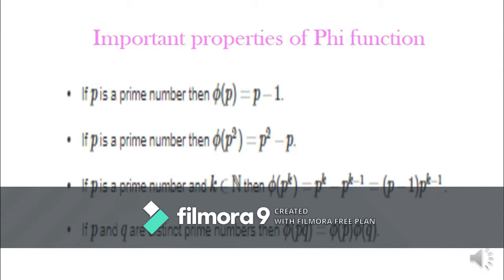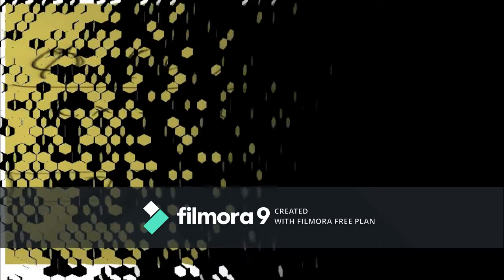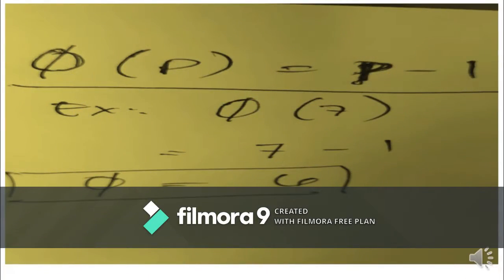We have here 4 properties. Property number 1: if p is a prime number, then the totatives of p is equal to p minus 1. For example, the totatives of 7. 7 is a prime number.